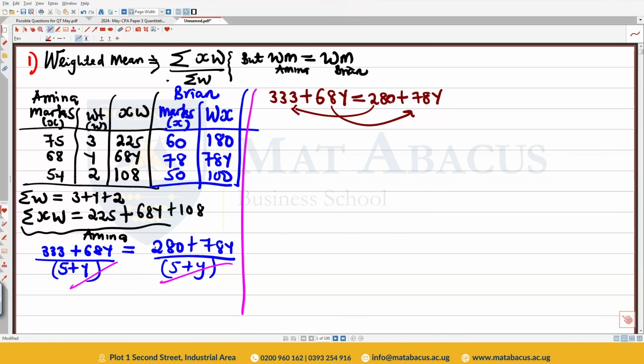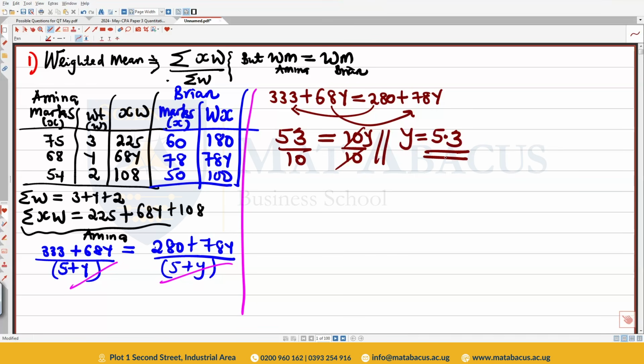You come in your exam, and that is 53. So 53 is equal to 78 minus 68, that is 10, so 10y. Divide by 10, and definitely our y is equal to 5.3.